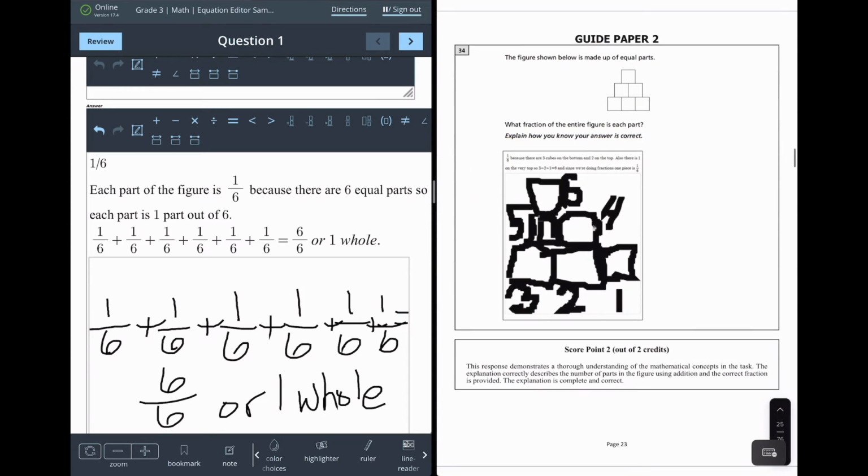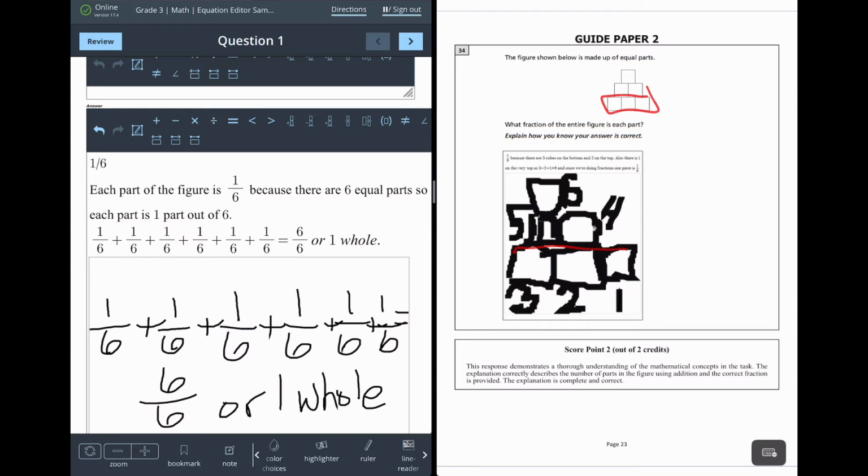Here's a kid who tried to draw it, and you can kind of see his numbers. It's a little hard to see, but I can kind of see his numbers here. He kind of, let me see, let me get the little pointer. So he counted 1 2 3 for the 3 boxes here in the bottom.